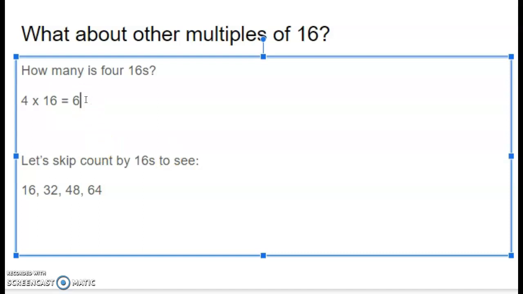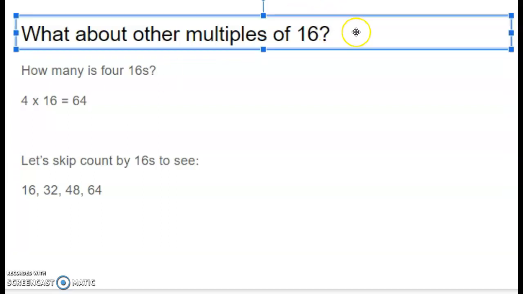So 4 times 16 is 64. Now again, do you think all of the factors of 16 are also factors of 64?